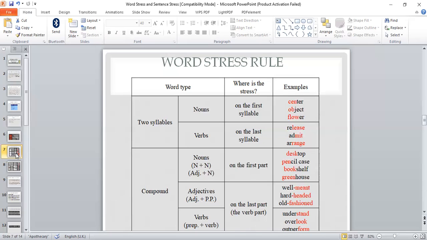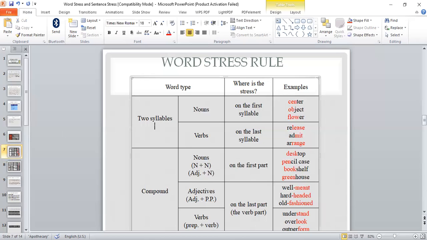Now, the first one is that if you have a two-syllable word, which we call disyllabic. So it is either two syllables or disyllabic words. Now, if we have a disyllabic noun or a two-syllable noun, the stress is placed on the first syllable.